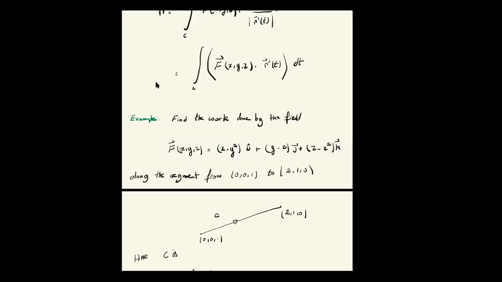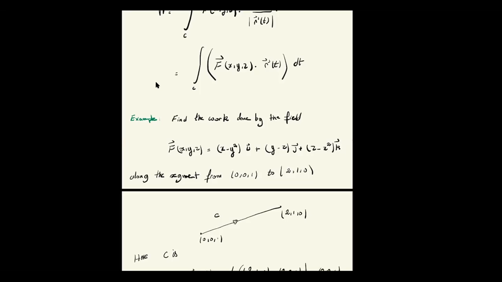So it's the vector that gives you the direction of the line, which will be the point (2, 1, 0) minus (0, 0, 1), times t, right? And then you start from any point on the line, plus (0, 0, 1).